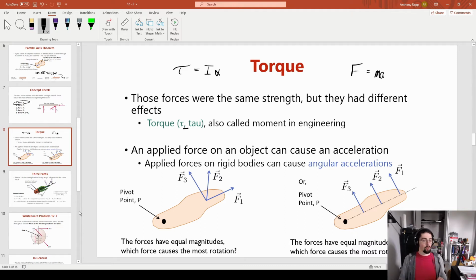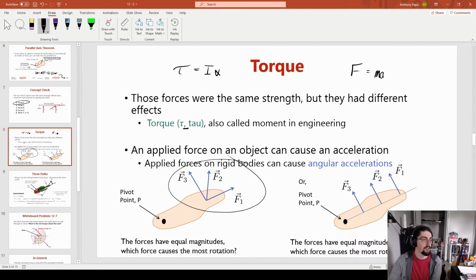A torque causes rotation. The acceleration of that rotation, our angular acceleration, is caused by the torque. Newton's second law, but for rotation. That's what this is. So, for all of these different things, I've got a couple quick questions here. Let's try this out. Of these three forces, which one is applying the most torque?